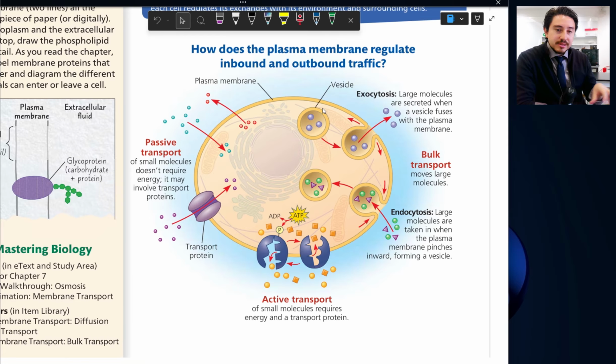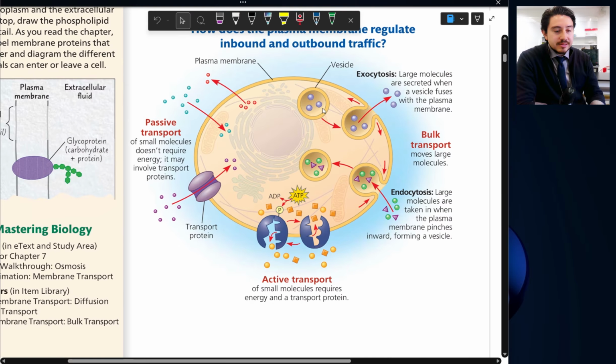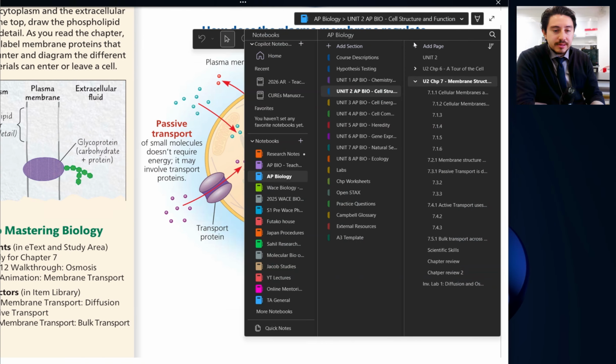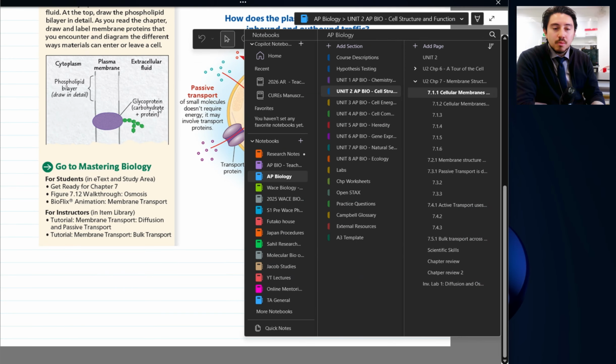And then within these different ways, you have more specific carrier proteins and transport proteins and channel proteins. You have exocytosis and endocytosis. Okay. And you have active transport, where you're going against the gradient. Material is going against a concentration gradient. So let's move to 7.1.